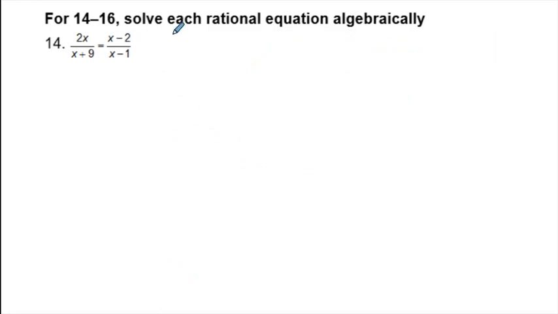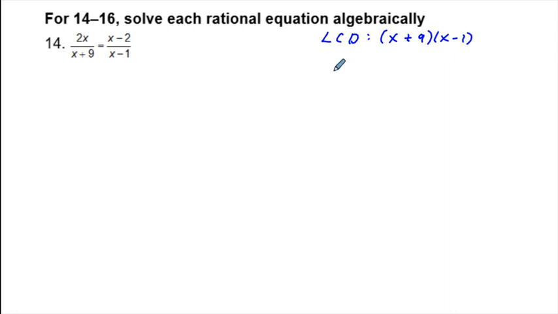Next, 14 through 16, solve each rational equation algebraically. And what we're going to do is find our least common denominator and our excluded values. So for problem 14, our least common denominator is going to be these two denominators multiplied together, which is going to be quantity x plus 9 times quantity x minus 1.